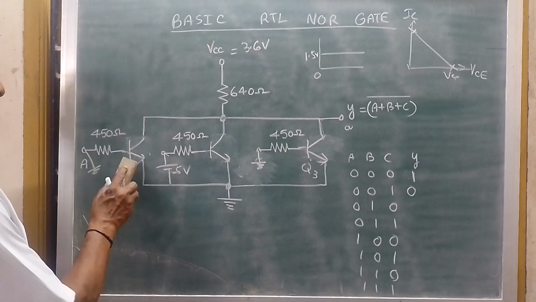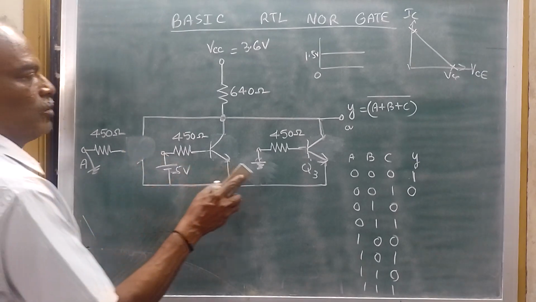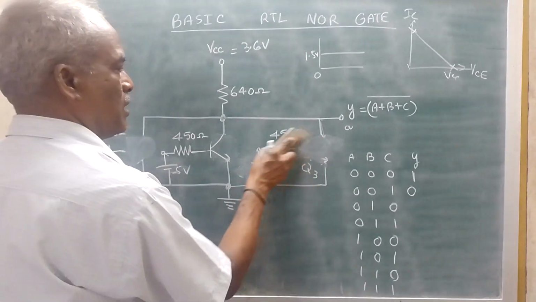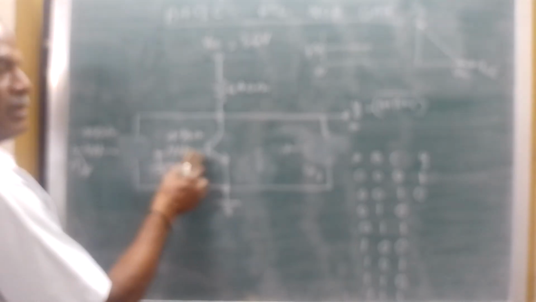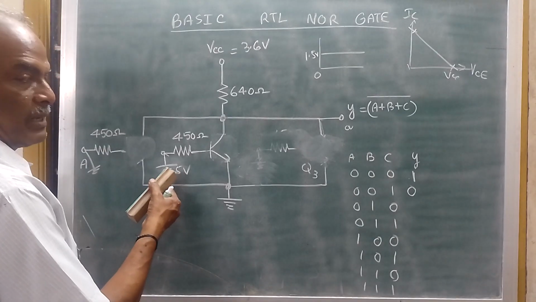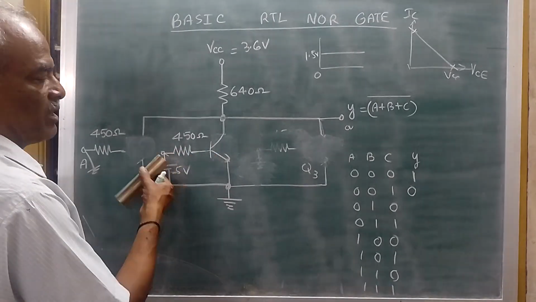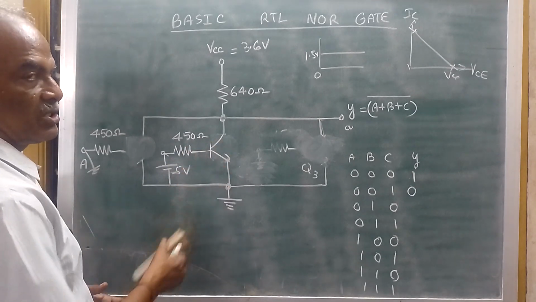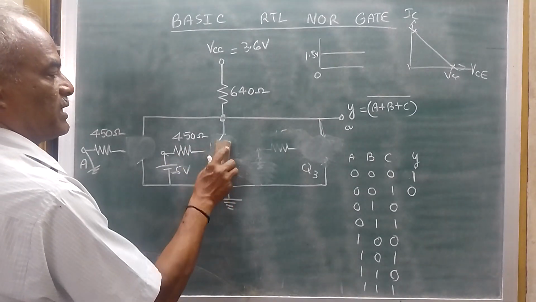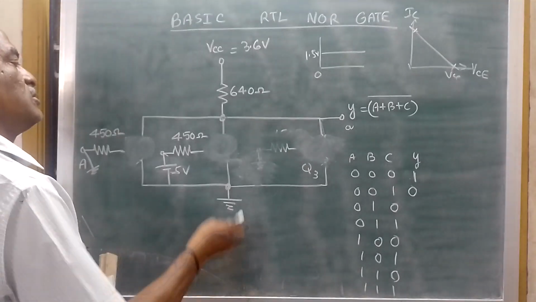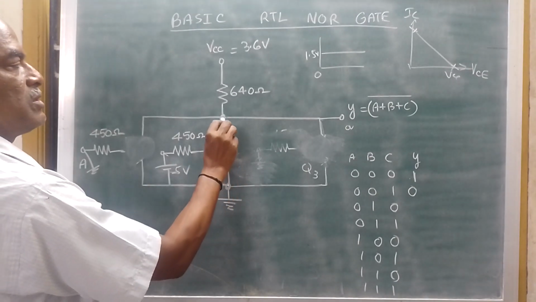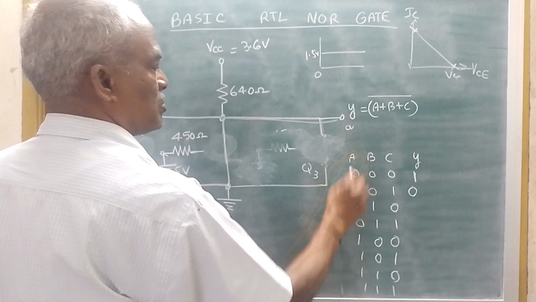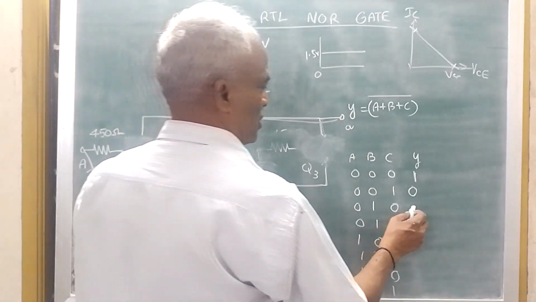Therefore, this will go into cutoff. Cutoff means this can be treated as an open circuit. Whereas, since you are giving a positive supply plus 5 volts to the base, there will be a base current and therefore the transistor goes into conduction. So if the transistor goes into conduction, you can assume this should be a short. So this point, everywhere it is 0, and the same thing will appear here also. So the output is 0 volts.